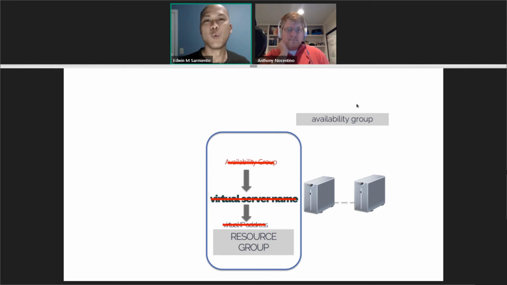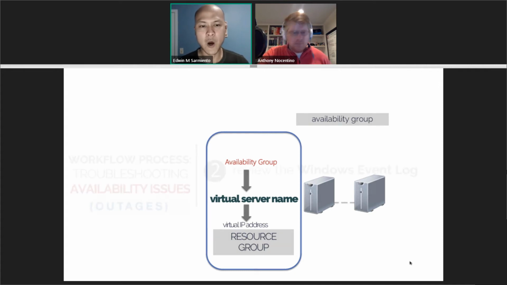Hence why the SharePoint farm went offline, because the SharePoint farm can log into the SQL Server instance. They just couldn't connect to the databases. And again, looking at the dependency hierarchy, you have to wait until the virtual IP address and the virtual server name come online, because one is dependent on the other, before the availability group can come online.